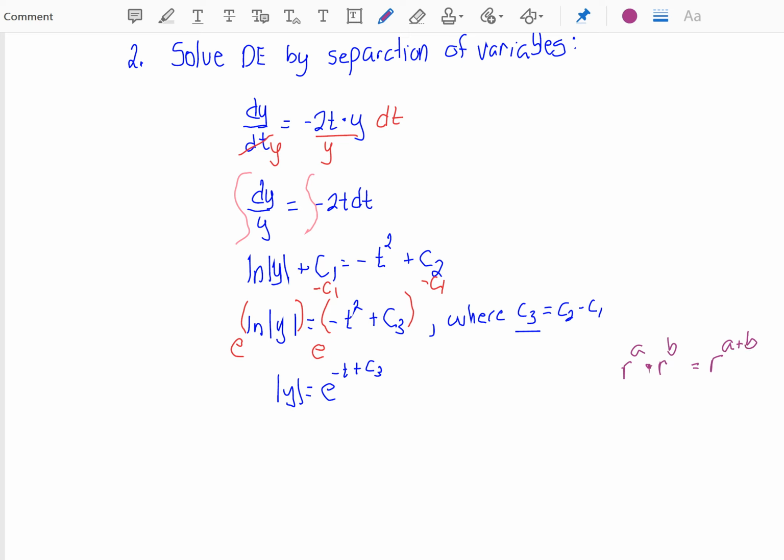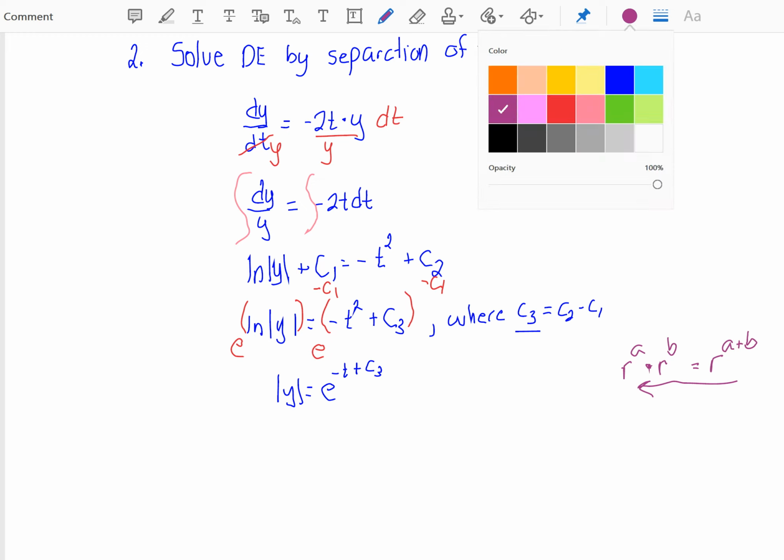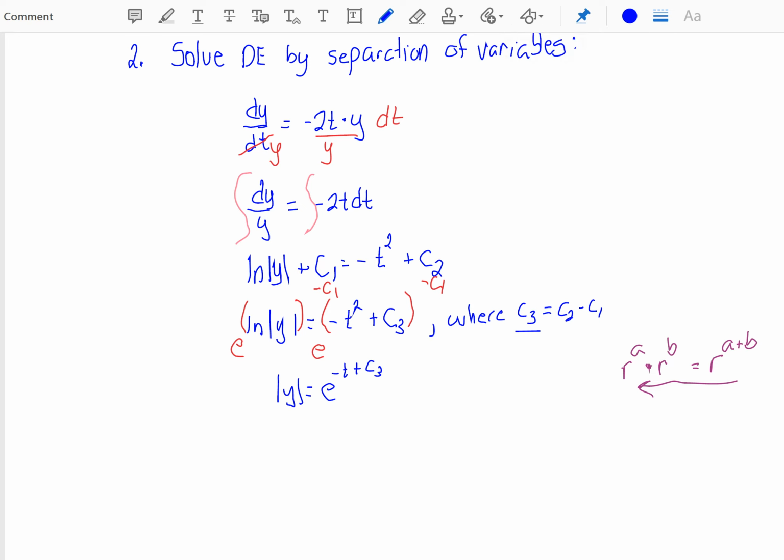However, in this example, we want to use this property in reverse order. If you have a base raised to the sum of two exponents, you can separate it as a product. Meaning that we can write ours as e to the negative t squared times e to the c3.